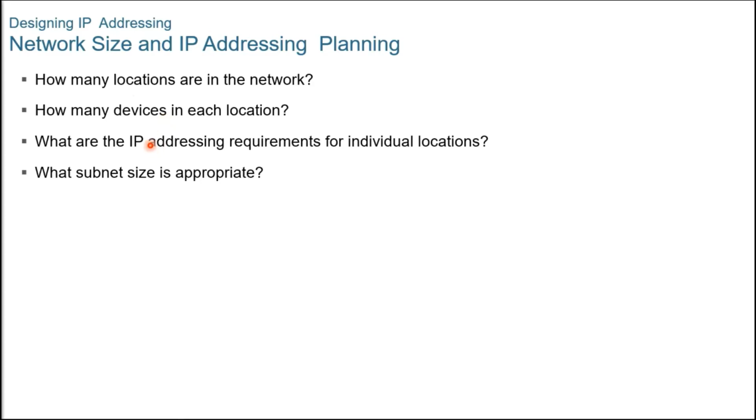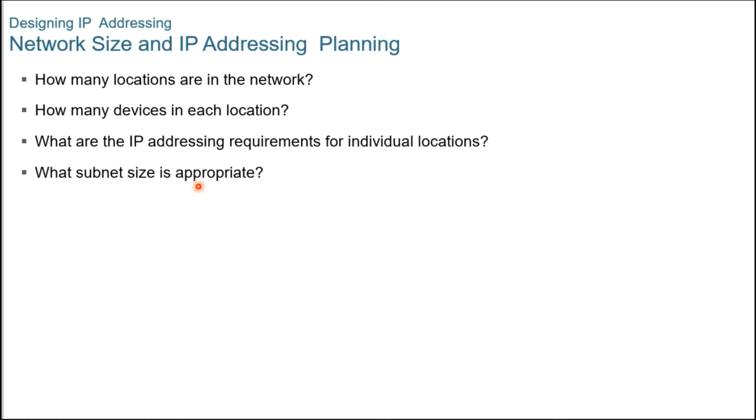Next would be, what are the IP addressing requirements for individual locations? The designer must collect information about which systems will use dynamic addressing, which will use static addresses, and which systems can use private instead of public addresses. Next would be, what subnet size is appropriate?